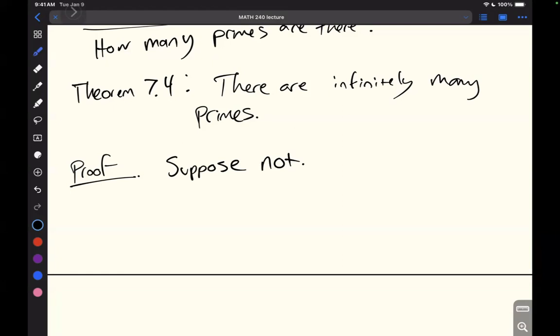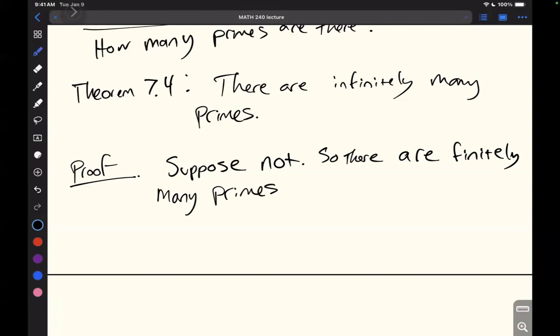The opposite of this statement is that if there's not infinitely many primes, then there's got to be finitely many primes. So there's not infinite, there's 140,000 or however many. So there are finitely many primes. The good thing with there being a finite number of primes is that we can find them all and we can list them all.